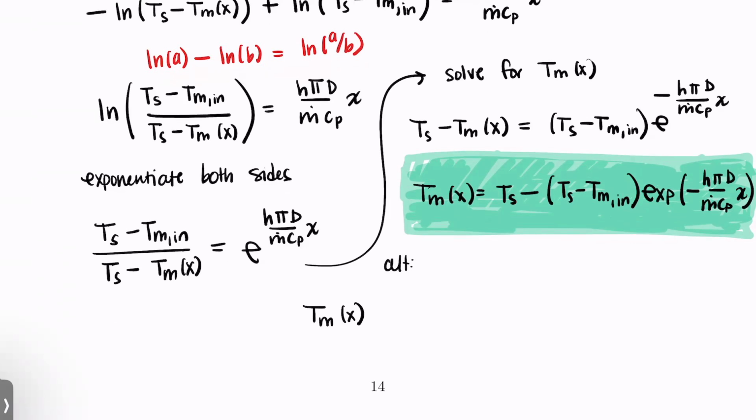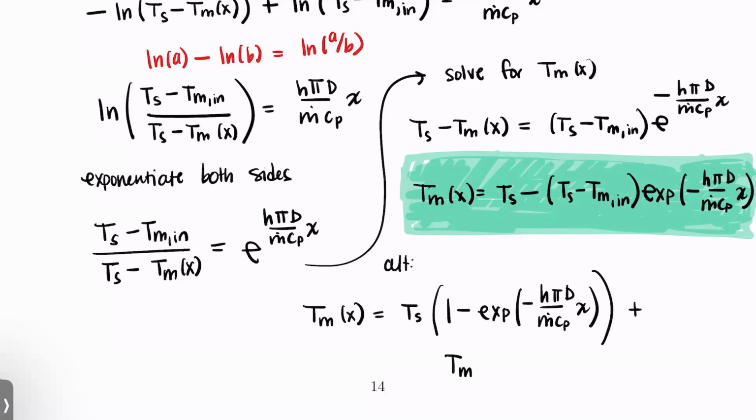You would have TS times (1 minus the exponent) plus TM in times the exponent.